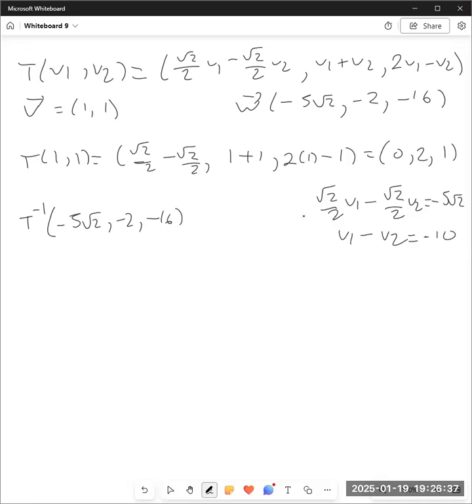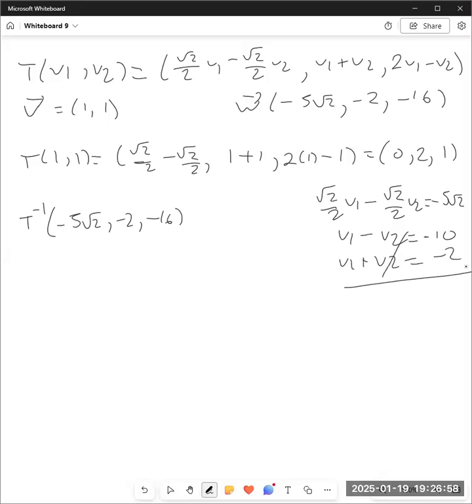Once I multiply everything left and right by 2 over root 2, then we have v1 plus v2 is equal to -2.